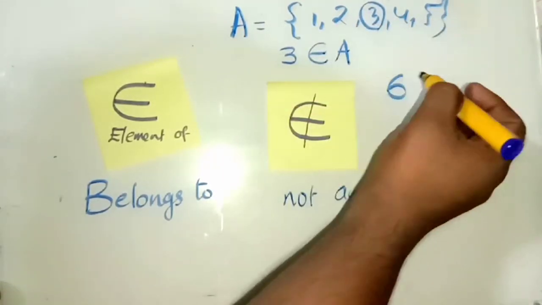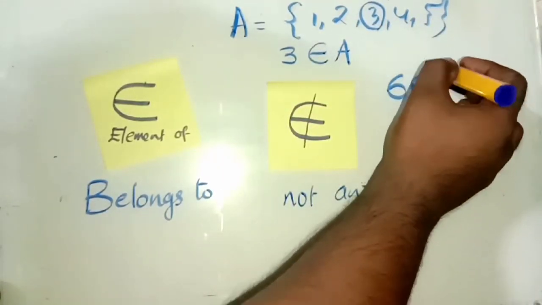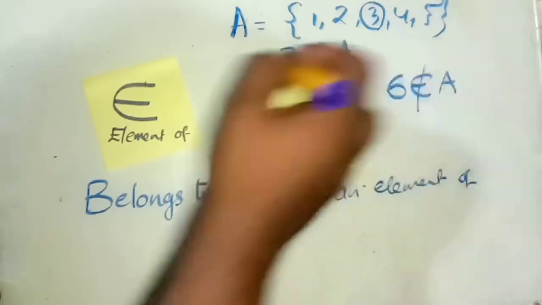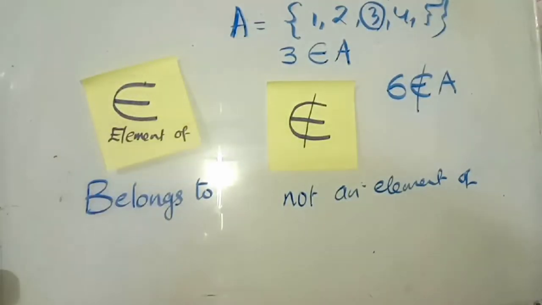That means 6 is not an element of A, or 6 does not belong to A.